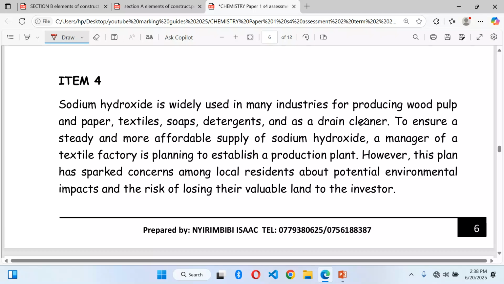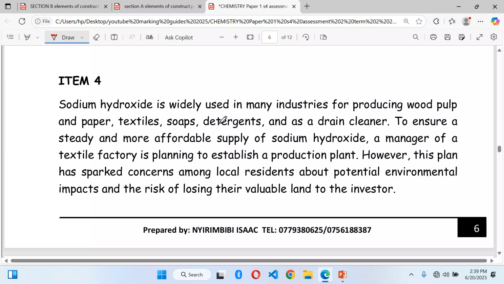To ensure a steady and more affordable supply of sodium hydroxide, a manager of a textile factory is planning to establish a production plant. However, this plan has sparked concerns among local residents about potential environmental impacts and the risks of losing their valuable land to the investor.